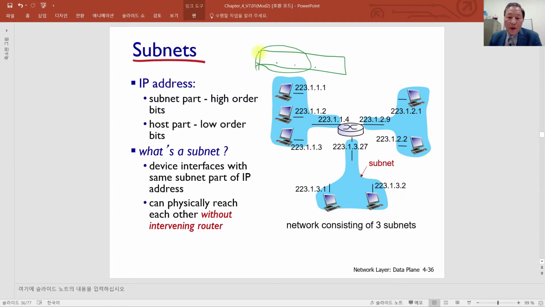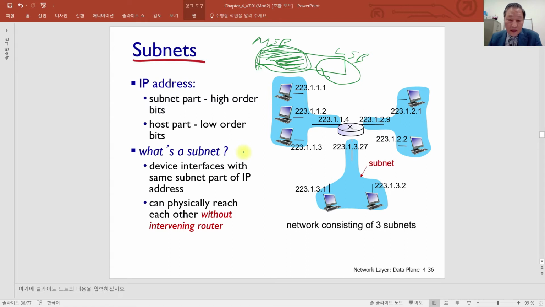This one is the MSB, this one is the LSB part. This part is the subnet part, and the lower part may be used for host identification. This one is called the subnet part, and we learn about this.